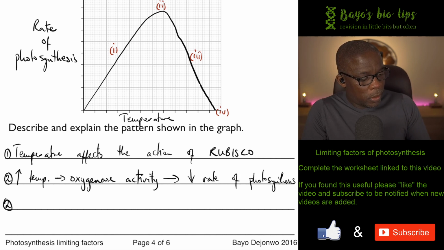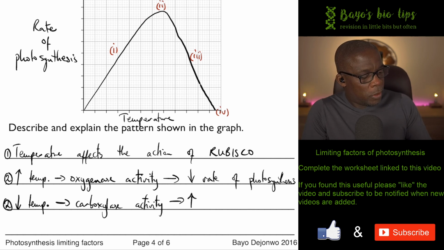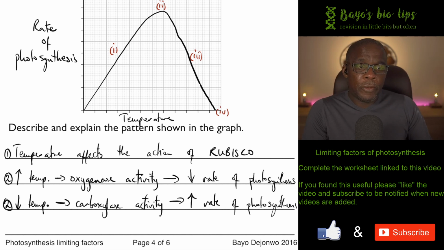Whereas lower temperatures, within reason, promote the carboxylase activity, which causes an increase in rate. So in essence, temperature affects the shape of the Rubisco enzyme, which affects its activity.